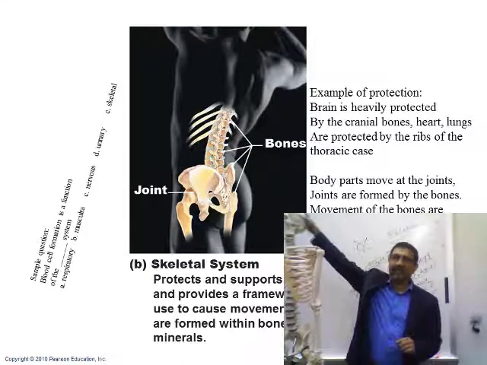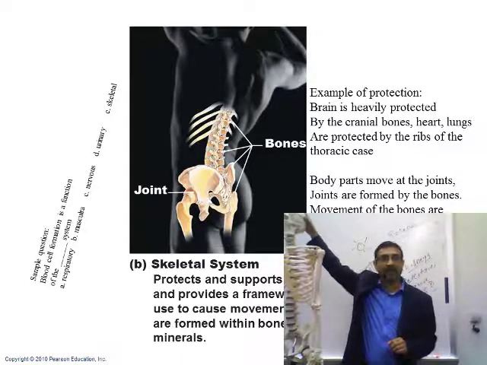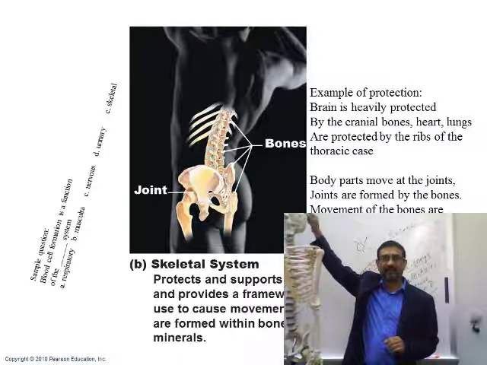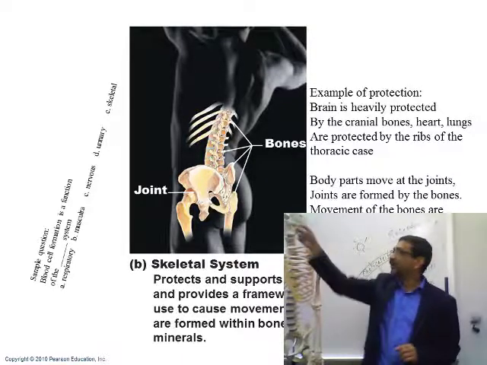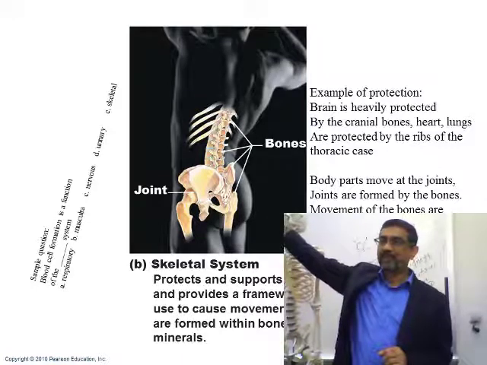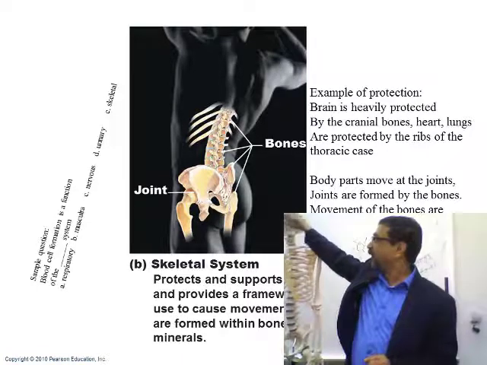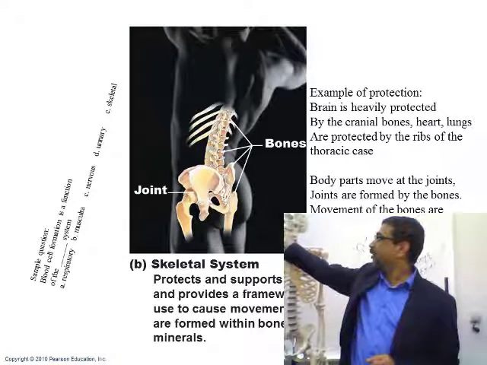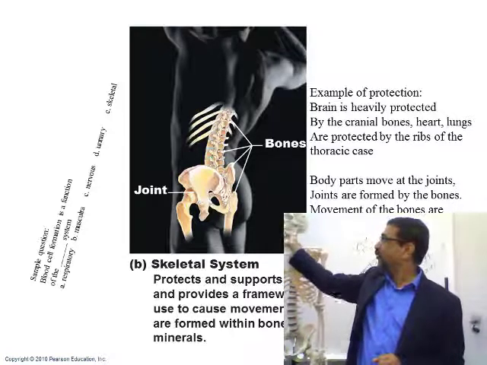You know that inside the cranial cavity you have what? The brain, right? The most important organ is protected by what? The cranial bones, right? You see here, your eyeball is here, right? It's protected by the bones. Your nasal cavity is protected by the bones. Your organs inside the mouth are protected by the bones.